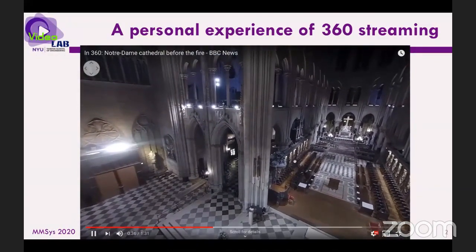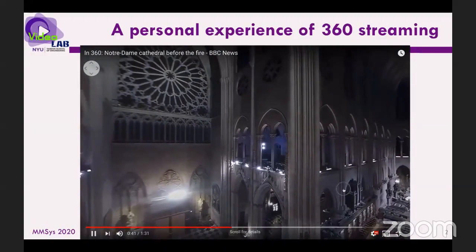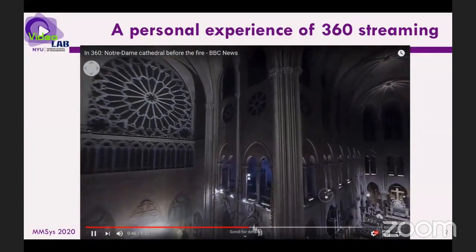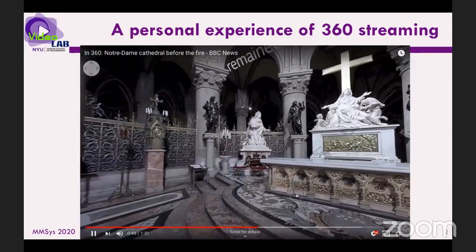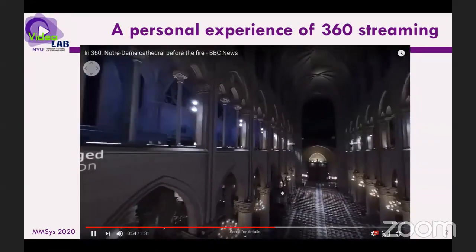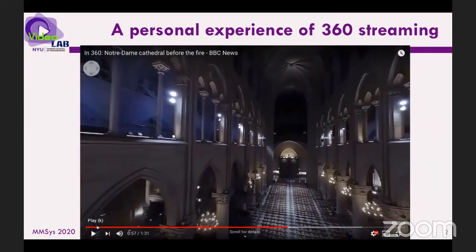Because I don't have a head-mount display, I was just using a plain computer with a mouse to orient myself. As you can see, by dragging the mouse, I can view different directions of the interior of the Notre Dame. This gave me an immersive experience as if I was standing inside the cathedral and being able to look around easily. Of course, if you have an actual head-mount display, you will see a more seamless experience.